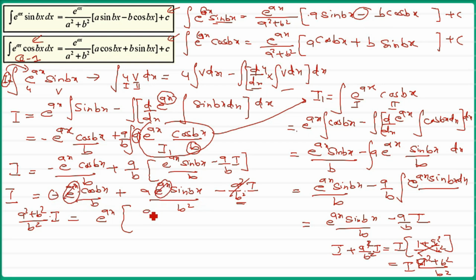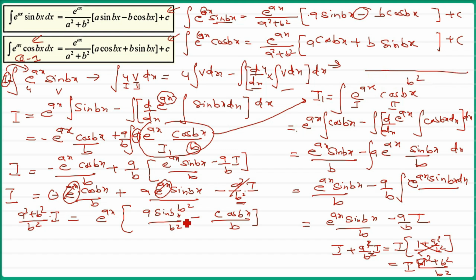Sin bx I am writing first along with an a. So a sin bx by b square is already there. Now I am writing the first term which contains a negative. So you have a negative cos bx divided by b. Now why I did this? Because we can take the LCM here. When we take the LCM will be b square. So I am showing it to you here because it's getting very clumsy. So I am going to show you here.